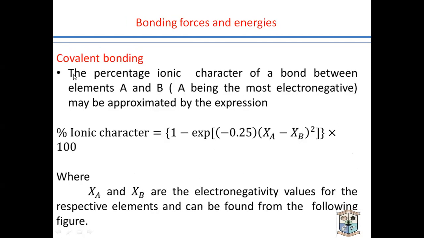So in continuation, this is a formula that we use to determine what kind of bonds the two elements have. It's also known as the percentage ionic character of a bond between elements A and B. You have our formula there where XA and XB are the electronegativity values for the respective elements and can be found from the following figure.